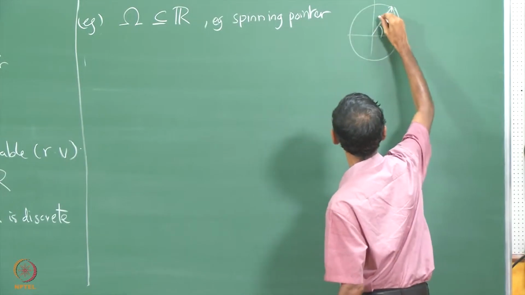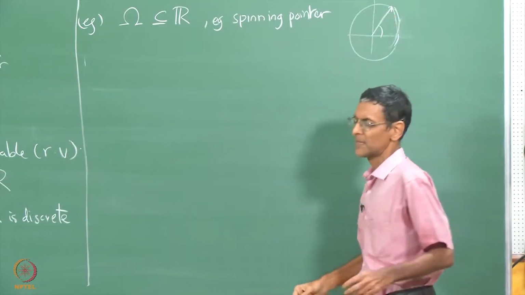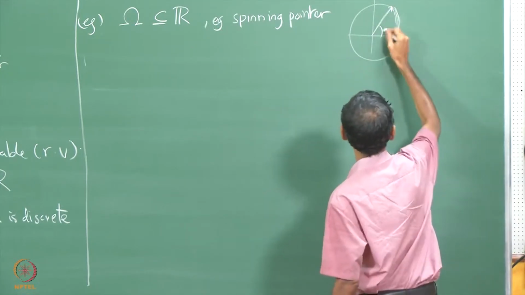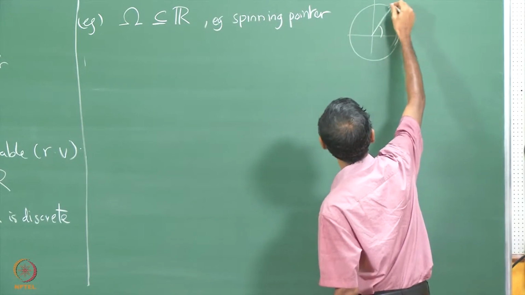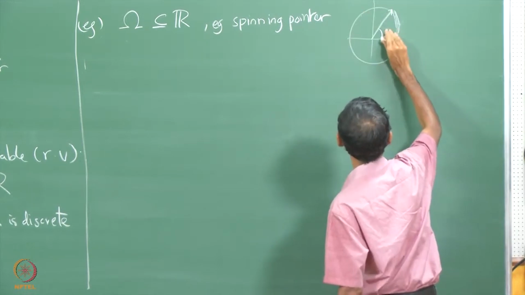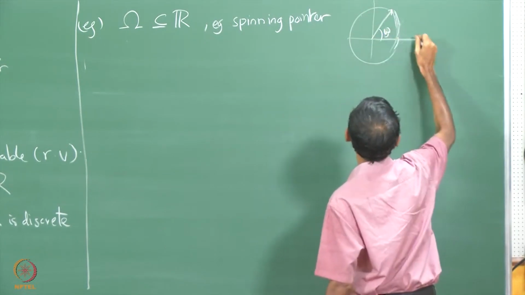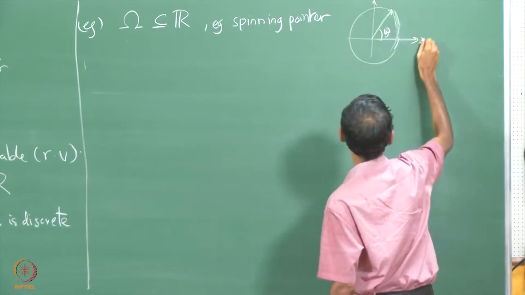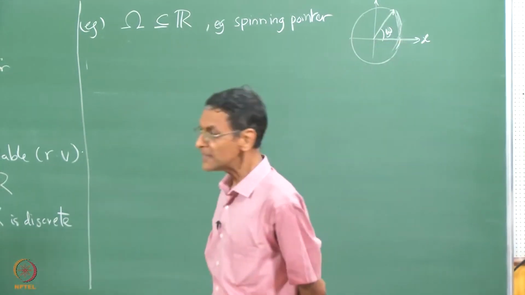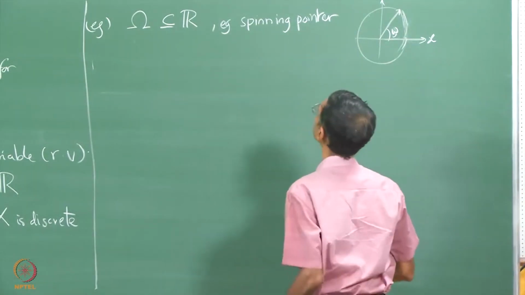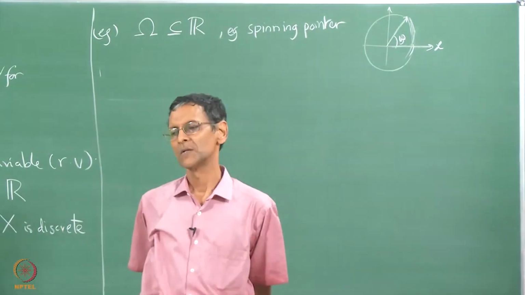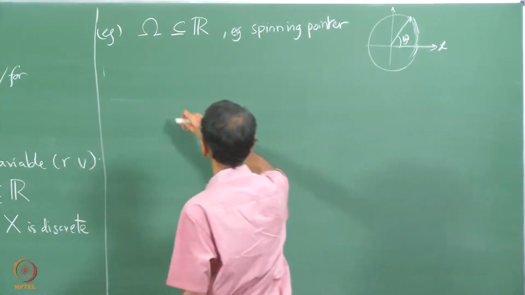The radius of the pointer could normally be taken to be unity, it does not matter, and the pointer comes to rest at any point on the circle, and the angle that it makes, let us call this angle omega. The angle that it makes with the positive x axis or some predefined axis is defined to be the output of the experiment. And the collection of all these angles is this continuous or uncountable set, capital omega.